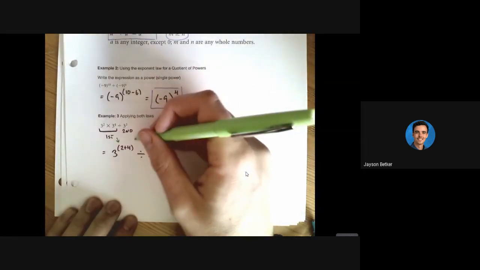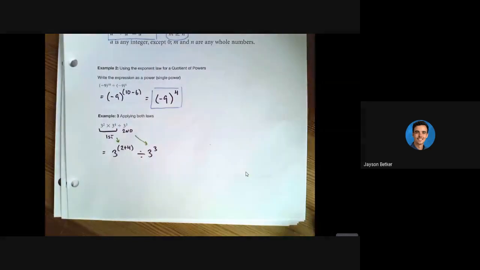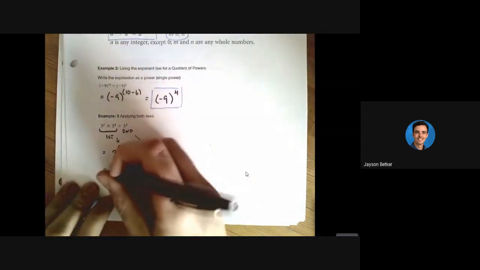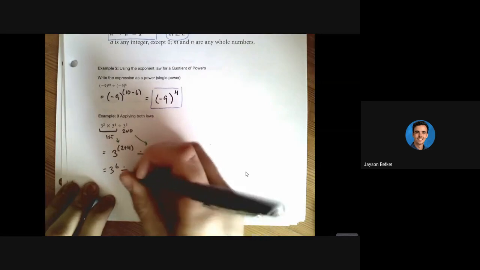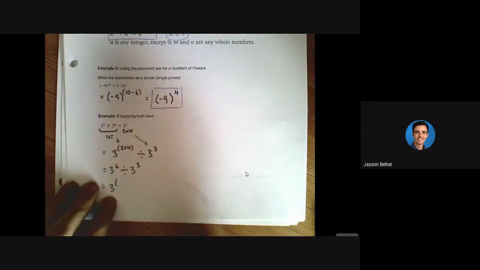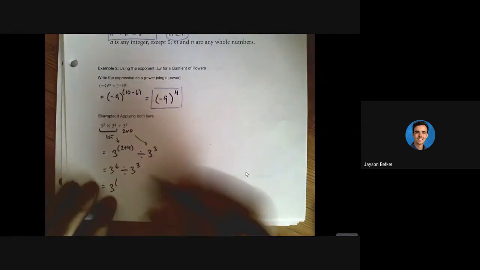And now I'm going to apply the second part. Obviously, I have 3 to the 2 plus 4, which is 3 to the 6, divided by 3 to the 3. And remember, when it's division, we subtract them.